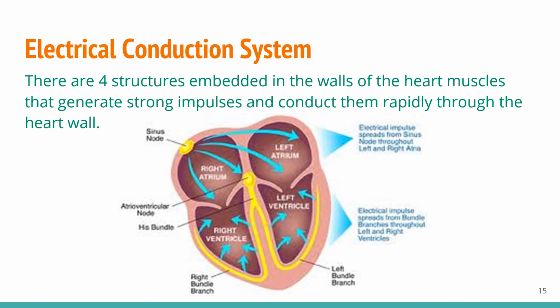So that's how it travels. You've got the SA node, the AV node, the bundle of His, the left and right bundle branches, and then it spreads out even further into your Purkinje fibers, which you'll see coming up in a couple of slides. That's how the impulse travels.